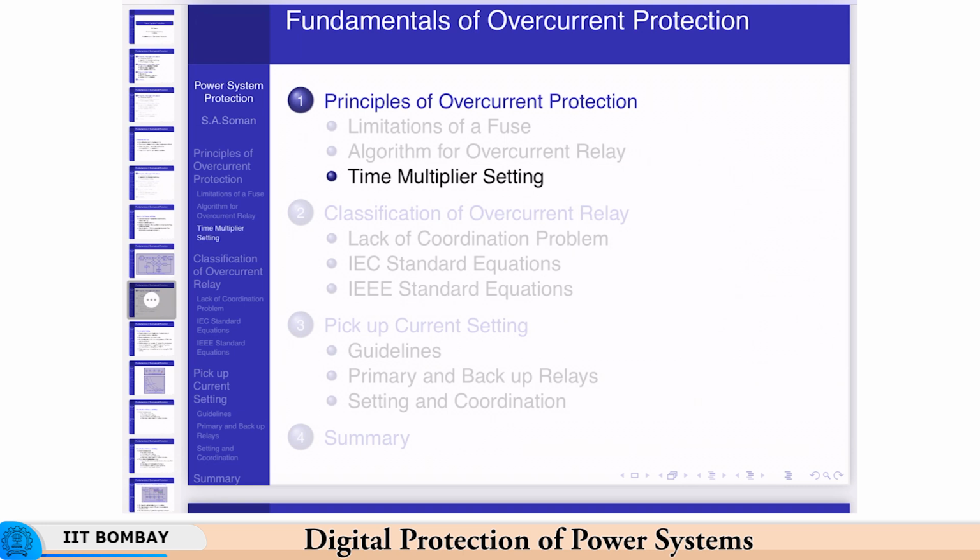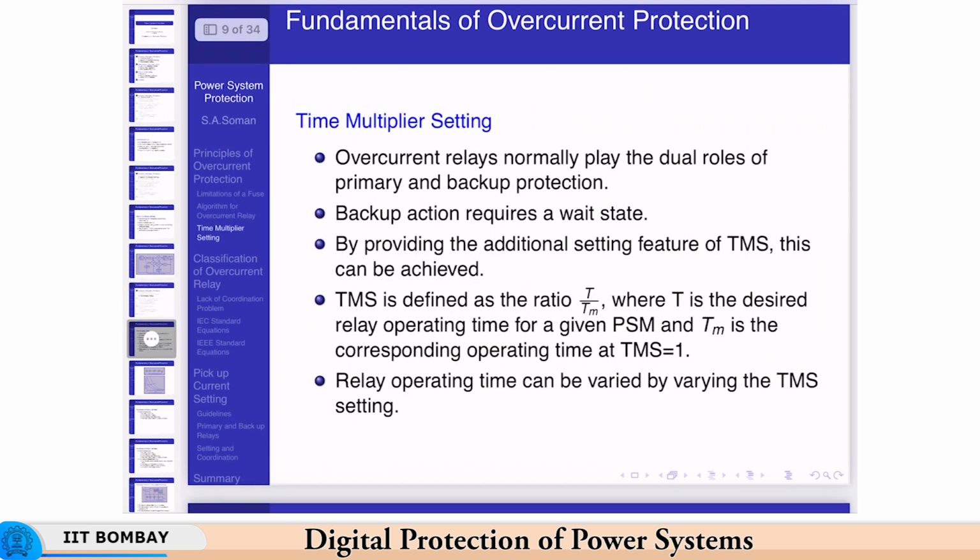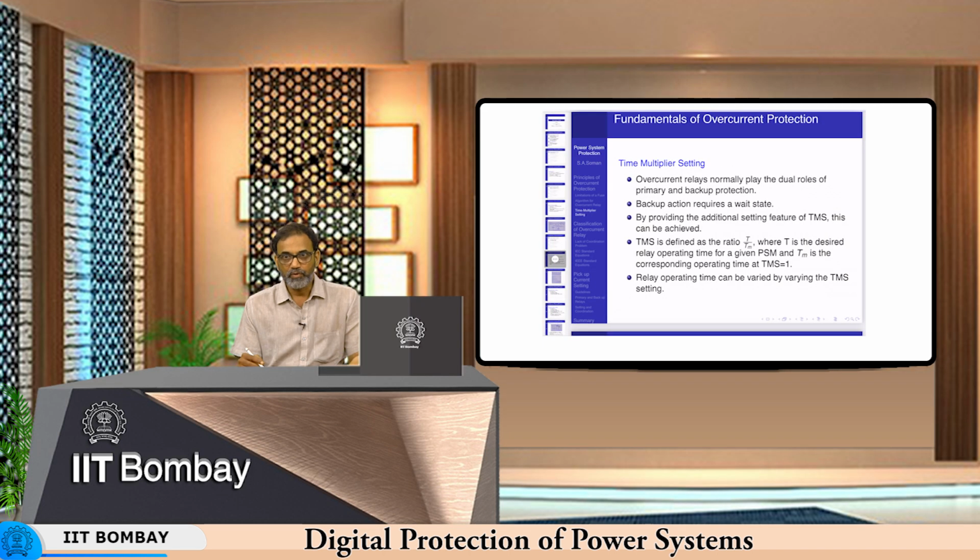This is the time multiplier setting. As we said, the timer is set using the time multiplier setting. There are two settings in an overcurrent relay. One is of course the current setting, as the name implies. There has to be a current setting in an overcurrent relay above which the relay will trip, or below which the relay will not operate.